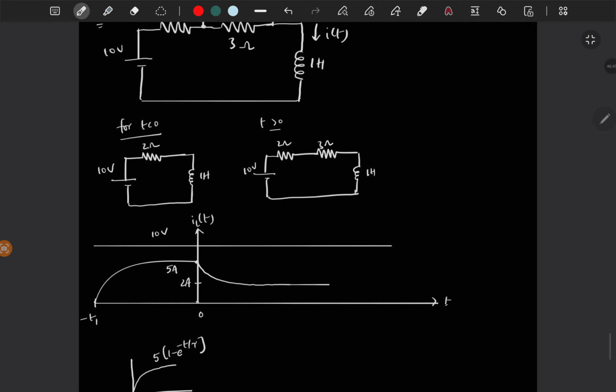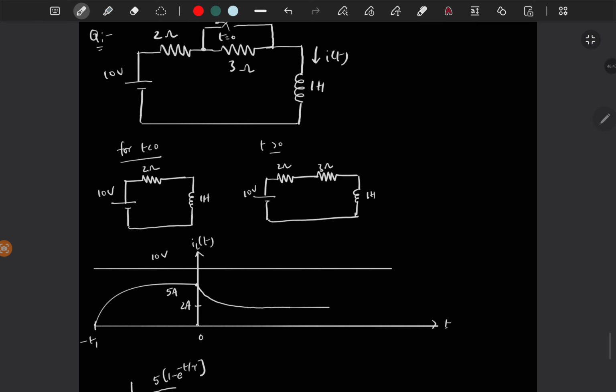And that time constants might be different in these two cases. So here, what is tau 1? Which is L by R equivalent. R equivalent is, if you short circuit this 10 volts, then you will get 1 by 2. So tau 2 is, L equivalent is 1 and R equivalent is 5. Just short circuit this one.